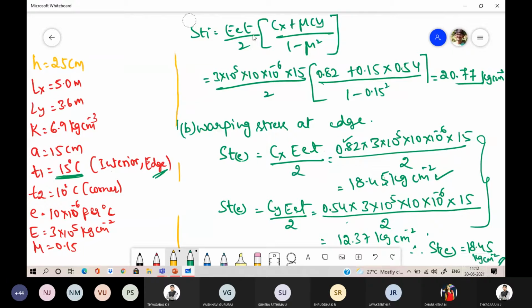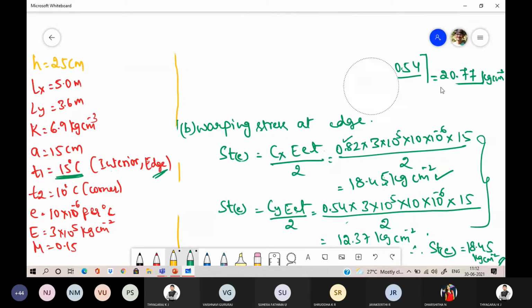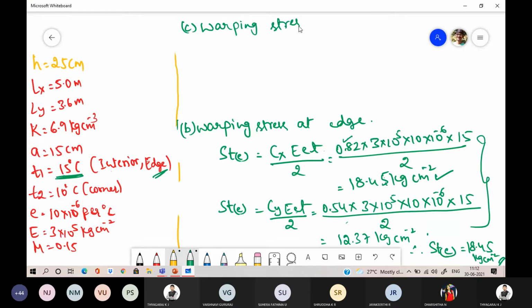So now calculate the corner stress, or we can take the heading as warping stress at corner.